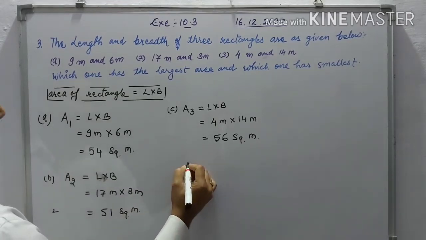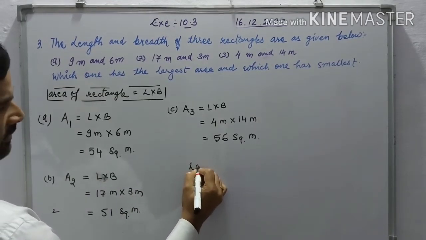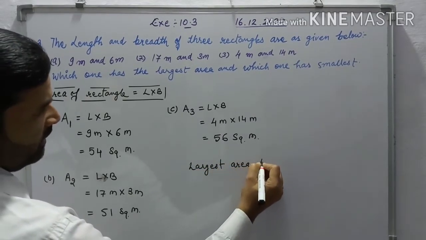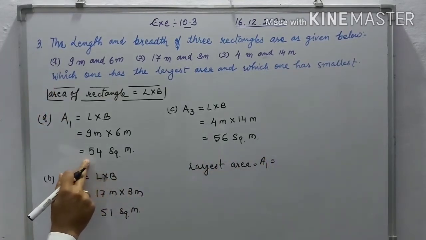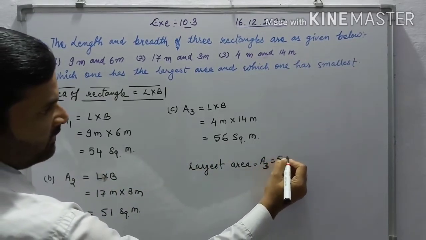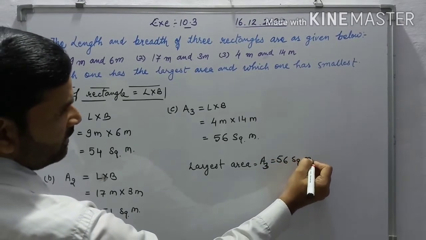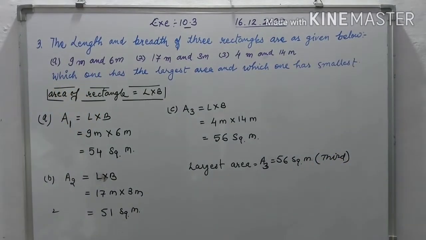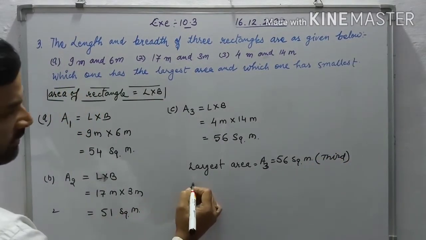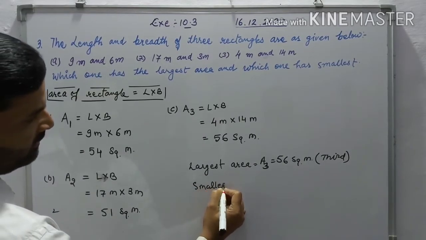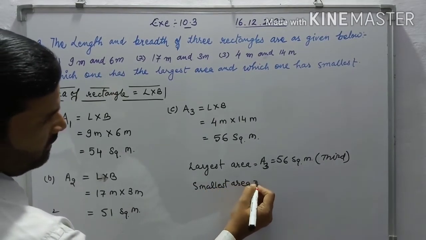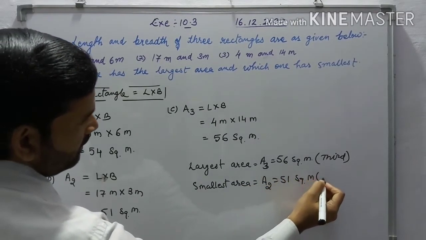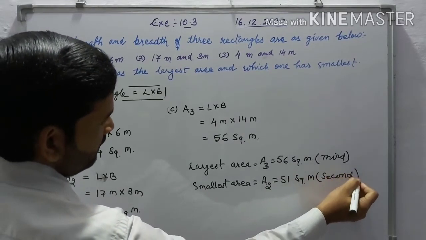So the largest area is A3, 56 square meter, the third. Okay, and the smallest is 51. So the smallest area is A2, 51 square meter, the second rectangle.